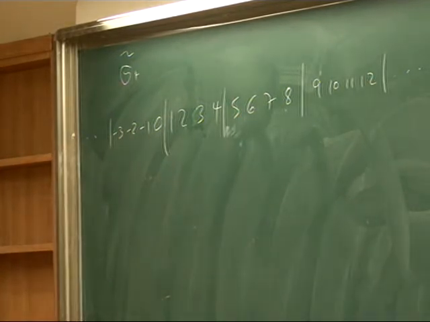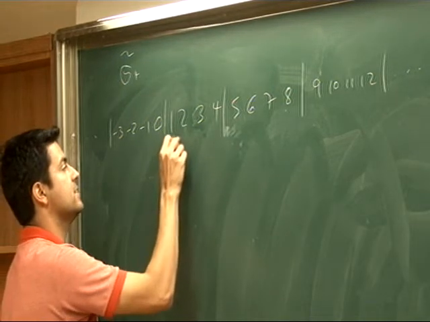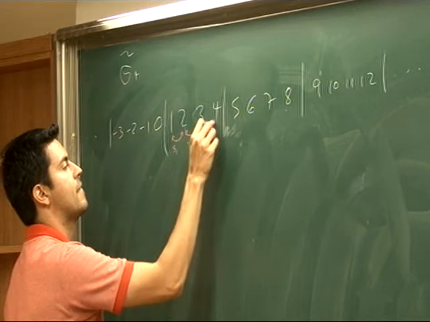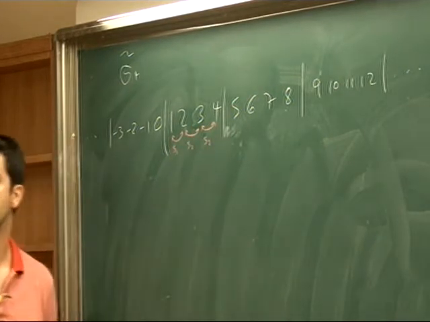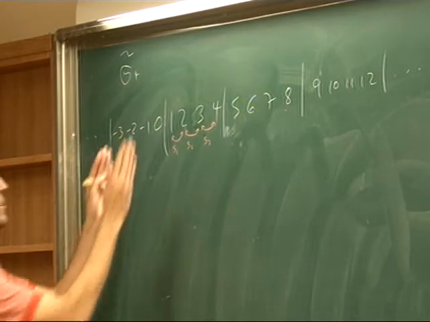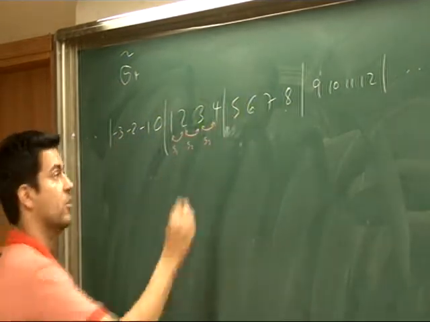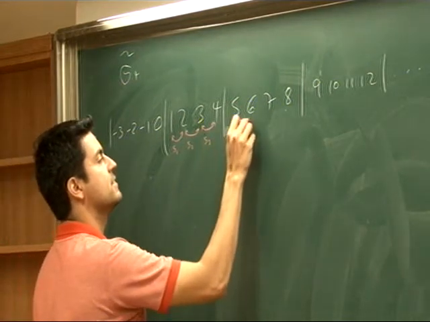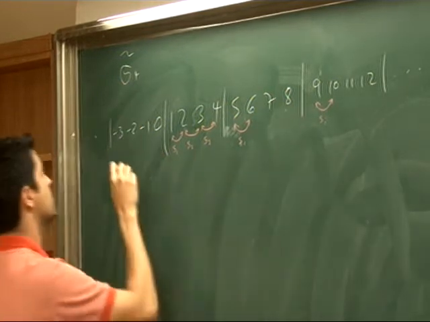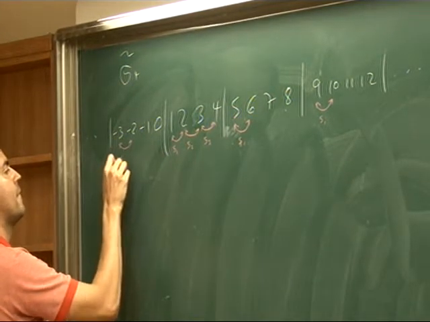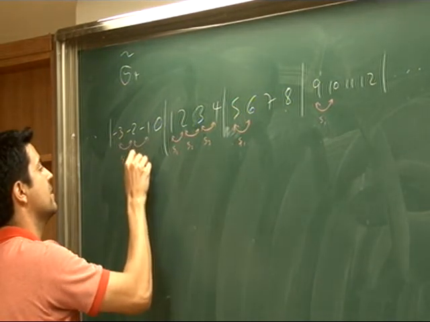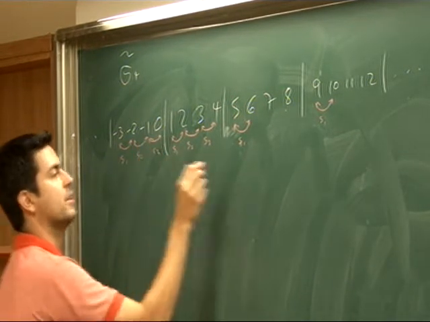Before, S1 did this, S2 did this, and S3 did this, permuting 3 and 4, and 2 and 3. Now, in every window, S1 is going to do the same thing. So S1 permutes the 1 and 2, but also the 5 and 6, and the 9 and 10, and the minus 3 and the minus 2. And S2 does the same, you know what I mean, right?